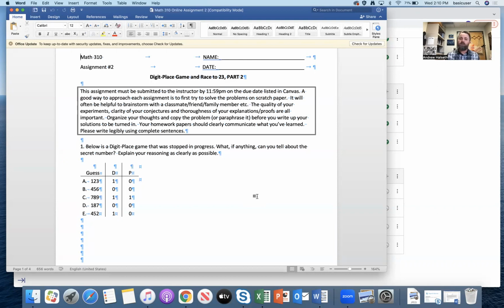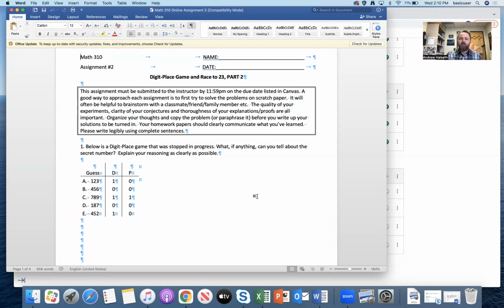Maybe it could be more than one thing at this point because it's just stopped in progress. So maybe there's 2 or 3 possible numbers that are still possible. But the key here is some deductive reasoning. Look through each clue and see if you can reason through narrowing it down to a single guess.